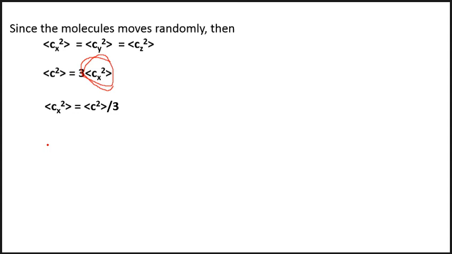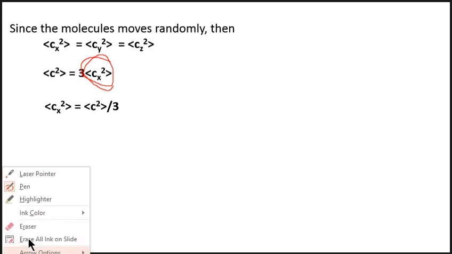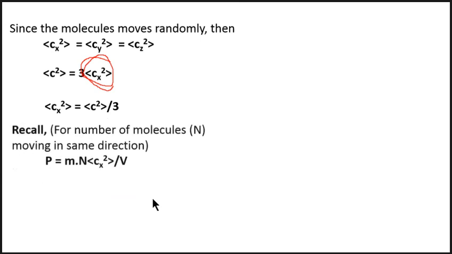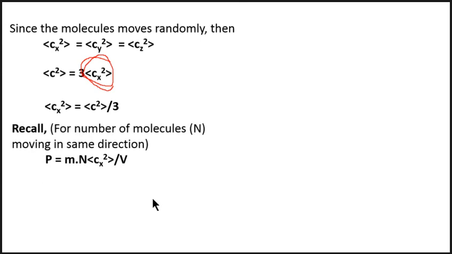Now, if we can recall, for number of molecules N moving in the same direction, there was a formula we derived back then, which is P equals m times number of molecules, then the mean square velocity in the x component over volume.